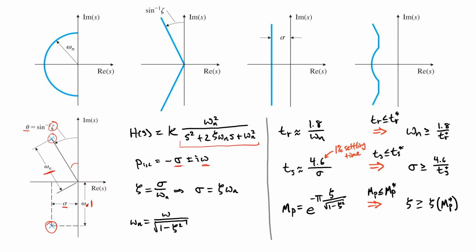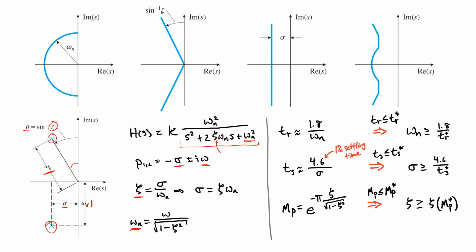If we think about them in terms of a magnitude and an angle, then this omega n is going to represent the magnitude, essentially the distance from the origin to that closed loop pole. And this damping ratio zeta is going to be related to the phase. Before, we derived that the damping ratio and the natural frequency omega n look like this.